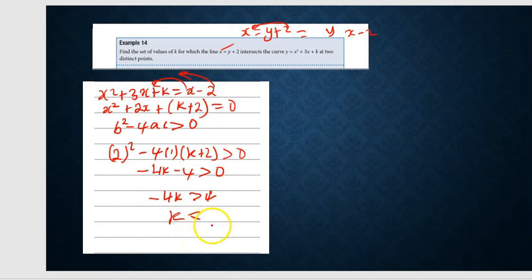So it is less than negative 1. So we use these inequality signs throughout as we solve. Remember, by solving the discriminant here, our value for a is 1, our value for b is 2, and our value for c is k plus 2. So this is what is required in this question.